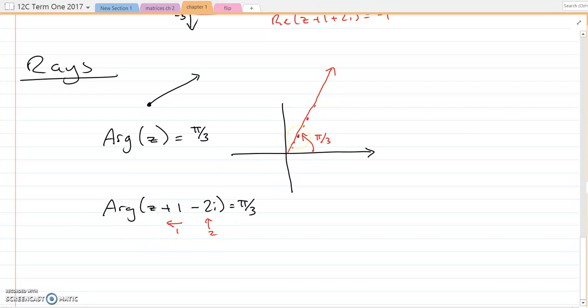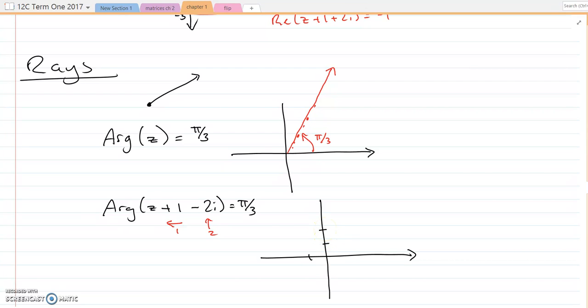So I take this whole thing and I shift it left 1, up 2. Okay, so the new starting point is here at negative 1, 2.